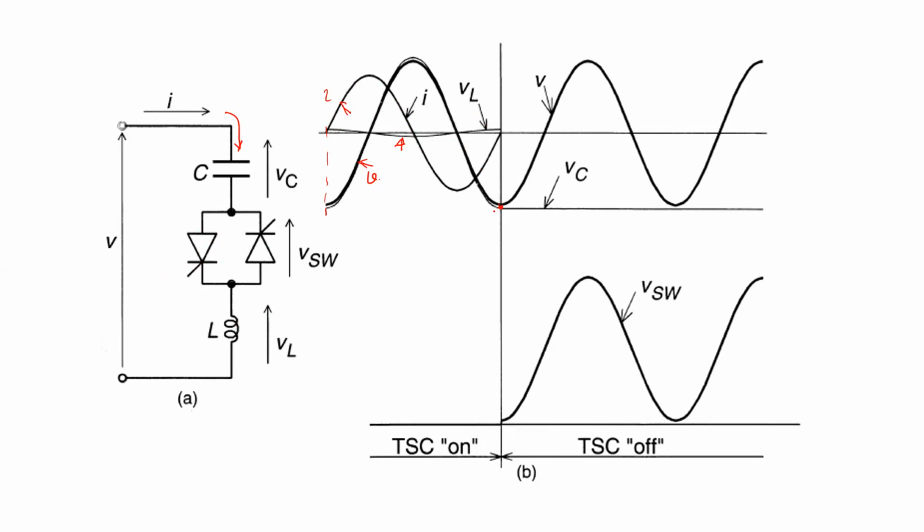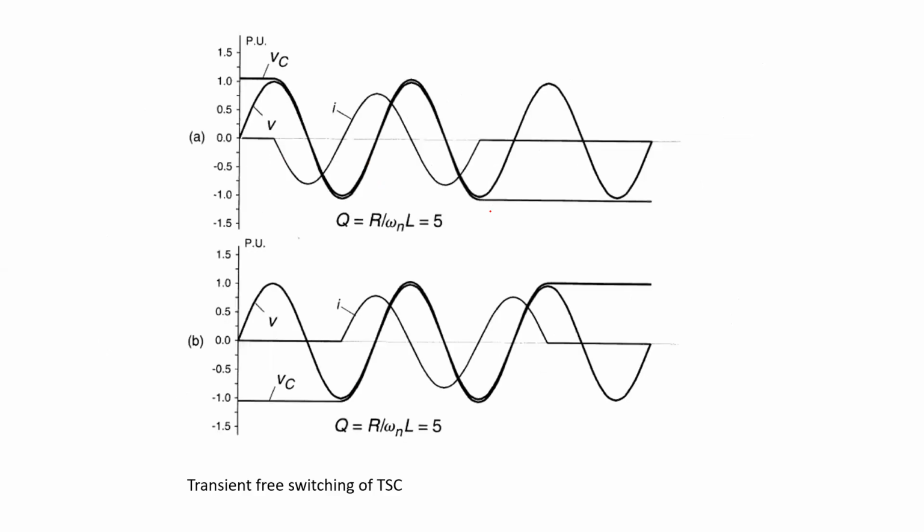So during turn off, the voltage across the capacitor, or charge voltage of the capacitor, is this much, isn't it? So this is the meaning of the charged capacitor which we have discussed. Now this is the condition for the transient free operation of the thyristor switch capacitor. Say this is the system voltage.